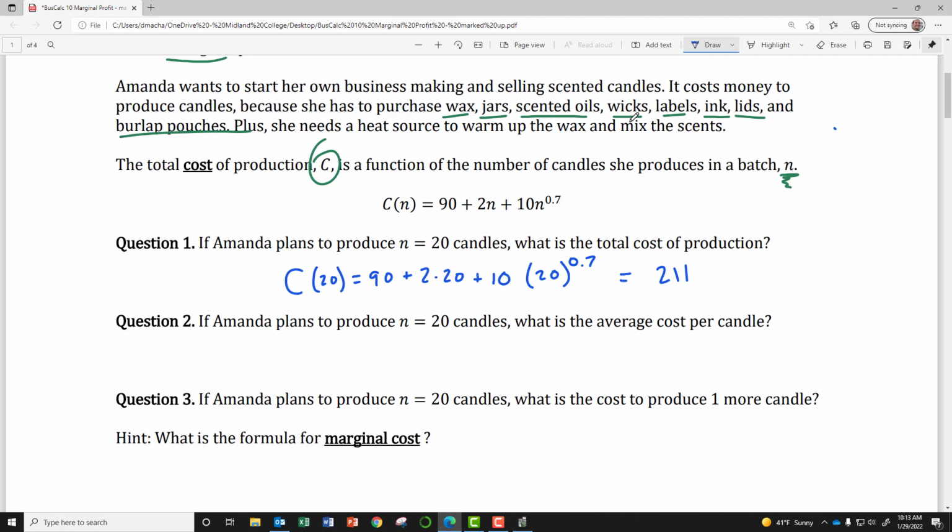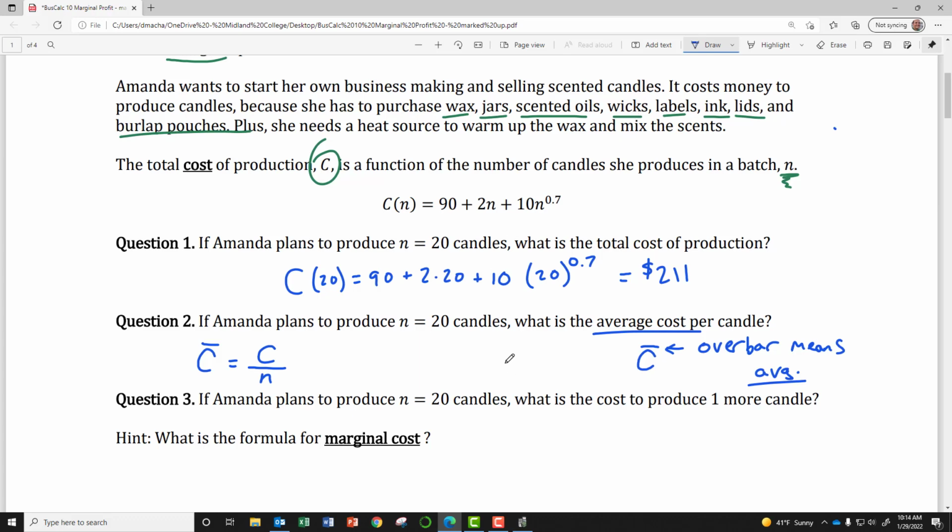Excellent. So question 2 says, if Amanda plans to produce 20 candles, what's the average cost per candle? And so to take average cost, what we're going to do is take the cost and then divide by the number of candles produced. And this is going to give us the average cost. And we're going to denote average cost the way our textbook does, and our textbook denotes average cost by just putting a bar over the C. So this over bar means average whenever you're working problems from our textbook.